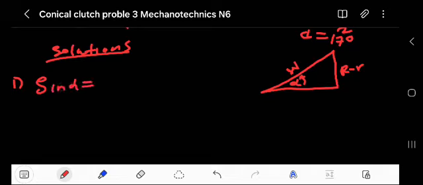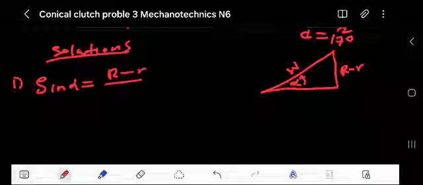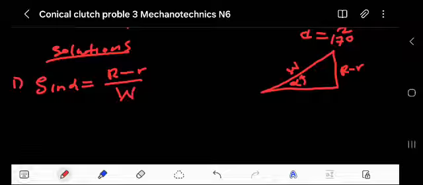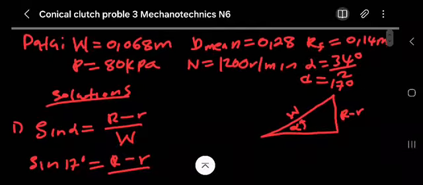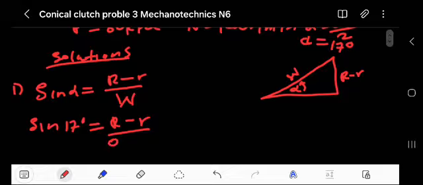Opposite is R1 minus R2, divided by the width. Then here we have sine of the semi-angle, which is 17 degrees. We don't know R1 or R2, but what about the width? We are given the width there, which is 0.068.